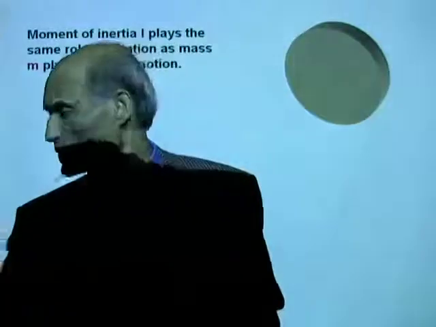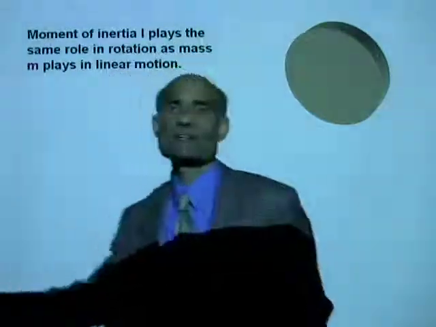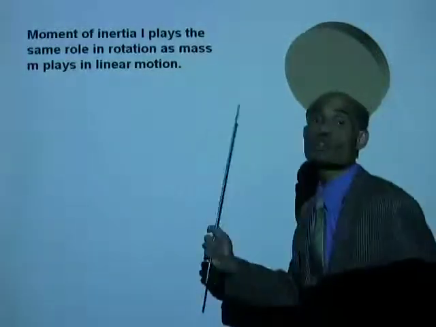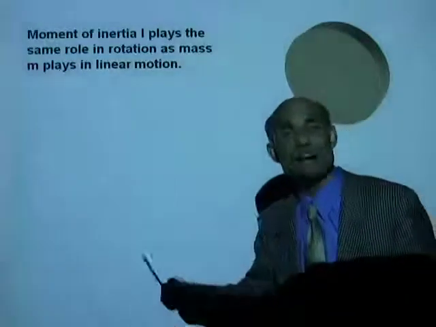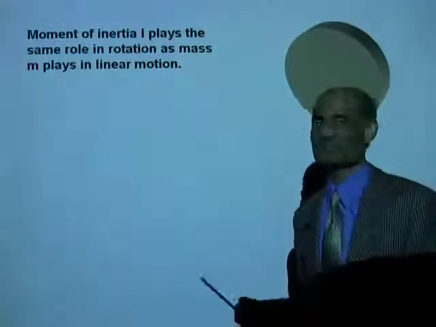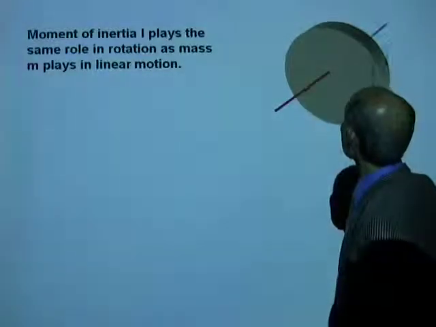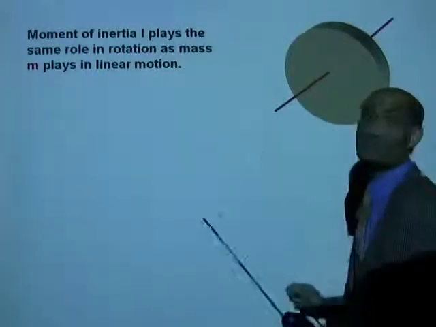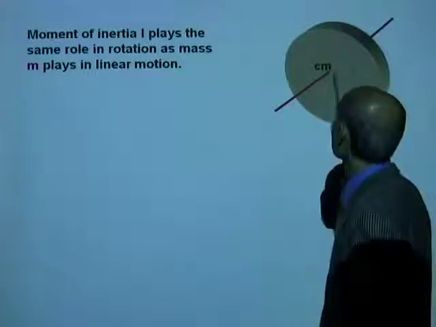Okay, now you need to remember a couple of formulae for moment of inertia of certain regular shapes, and I'm going to give you those formulae. Well, first of all, let's consider a disk. A disk is the most commonly used device for rotational purposes. So a disk, and its axis passes through the center of mass.